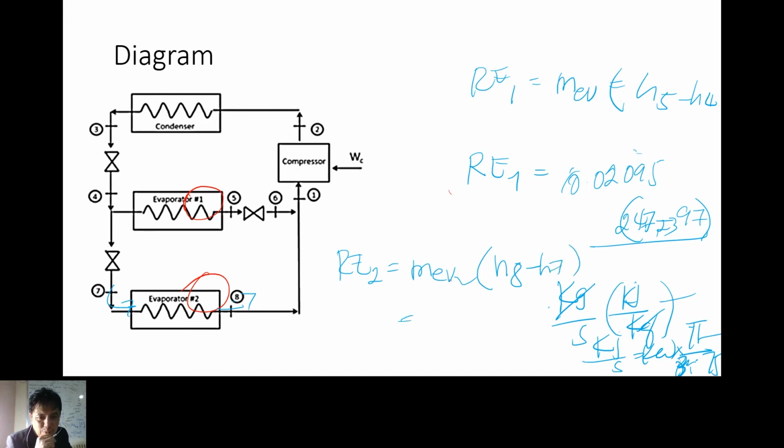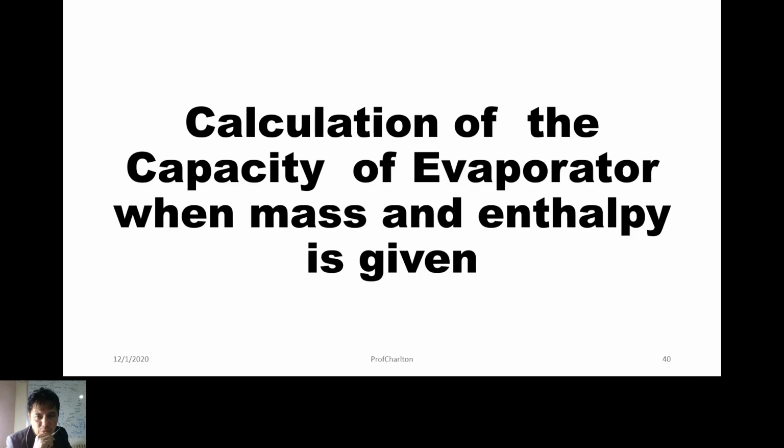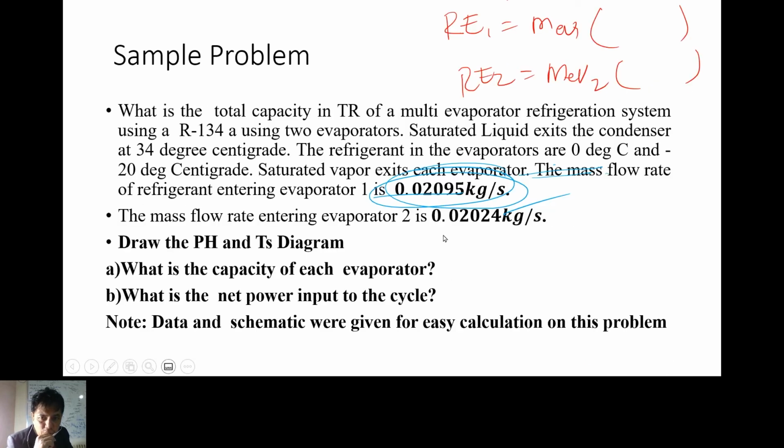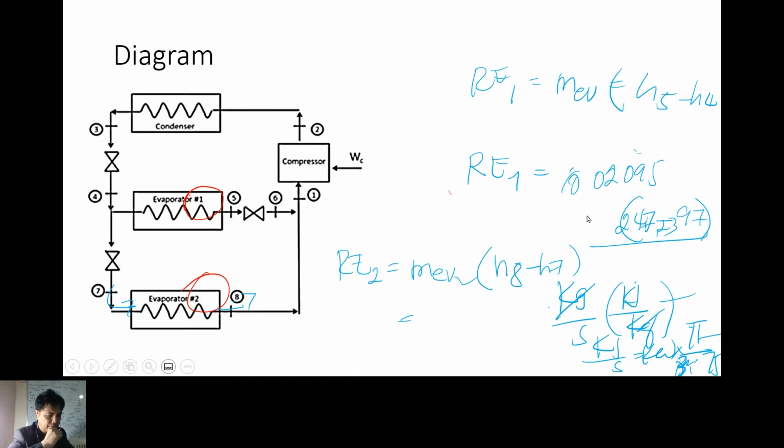So, titingnan mo ngayon yung mass entering the evaporator 2. I think nasa problem, ang sabi dyan ay the flow rate entering evaporator is 0.02024. So, just direct plug in 0.02024 multiplied by H8 minus H7.